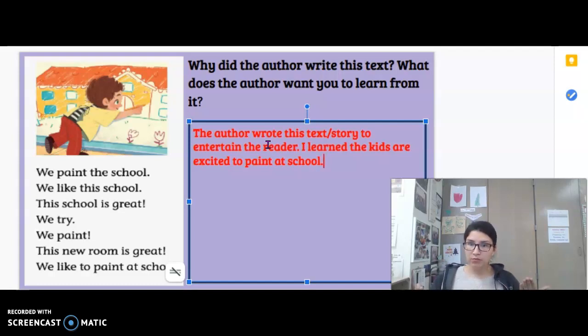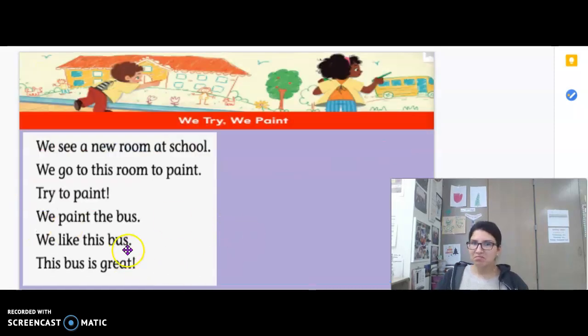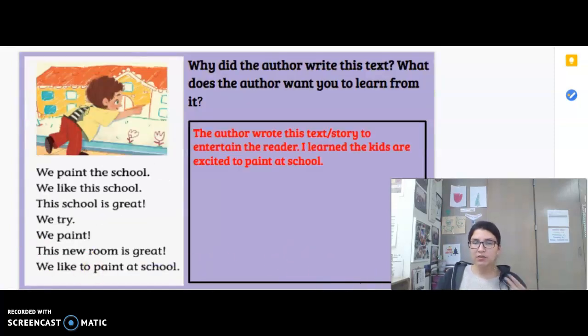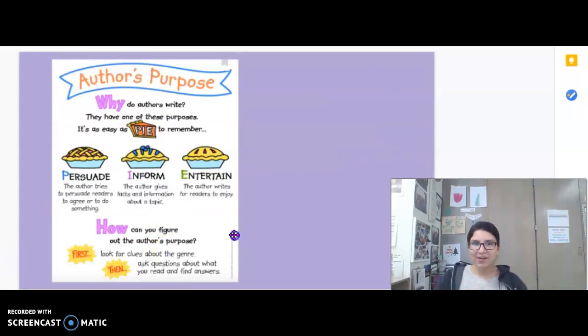No, I didn't. This story, we learned about these kids and how they were excited to paint at school. So the story was what? Entertain. Let's go back to here. The author writes for readers to enjoy. I just enjoyed this story. I like listening about this little story about the kids painting.